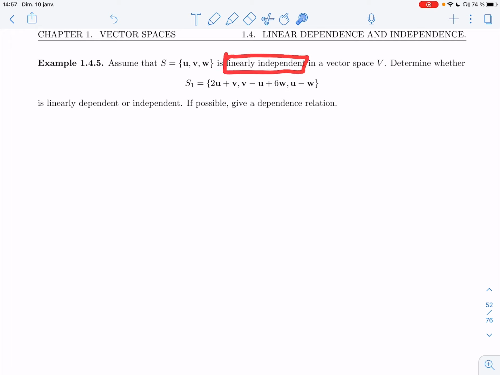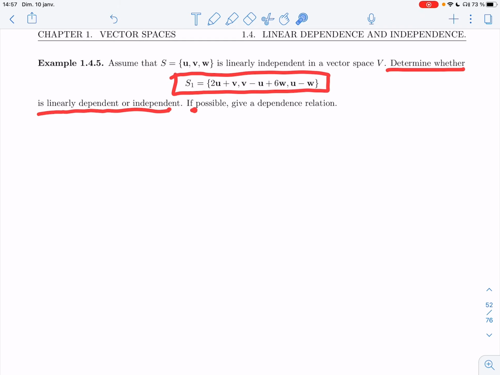So the only way to write a linear combination that gives you 0 using them is to take 0u plus 0v plus 0w. That's it. All right, so I want to determine whether this new set built from S is linearly dependent or independent. If possible, give a dependence relation.